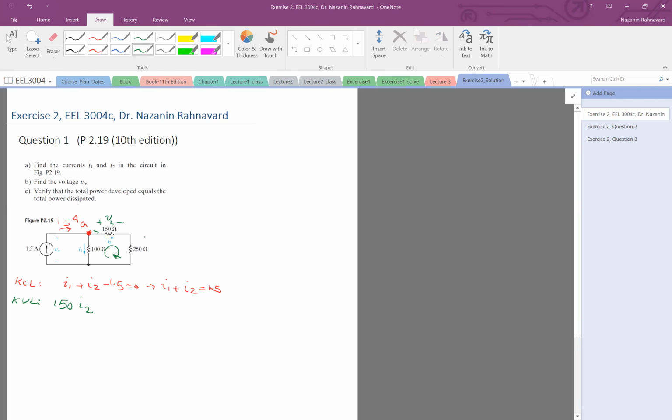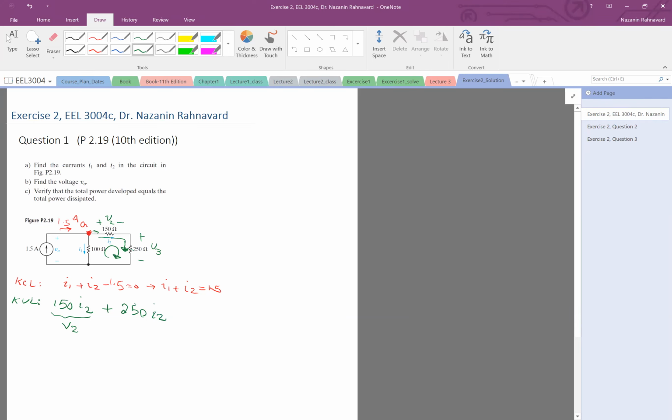So V2 is equal to 150 times I2, and that's why I directly write RI, 150 times I2, plus here 250 times I2.